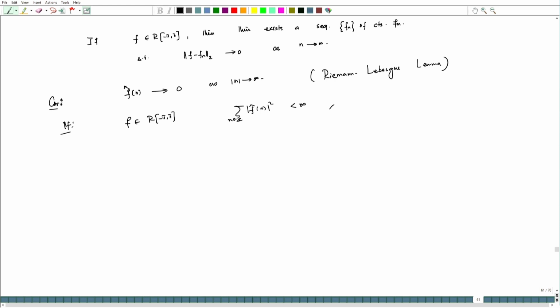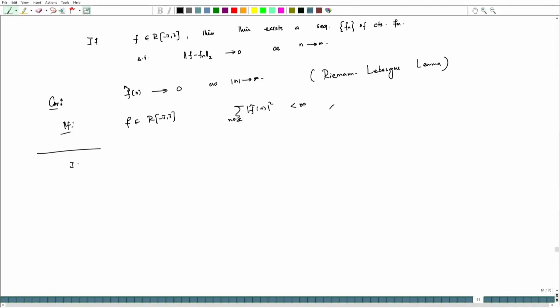And now, what we have seen is that if f is twice differentiable, then mod of f hat of n is less than or equal to some constant by n squared. And so, hence the Fourier series converges absolutely, and by the Fejér theorem, it is going to converge even pointwise to f of x.